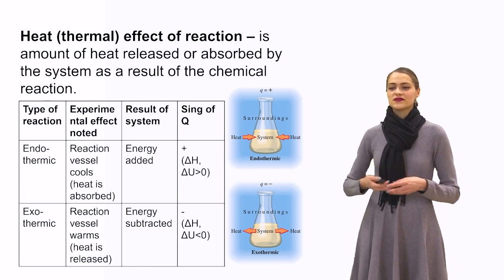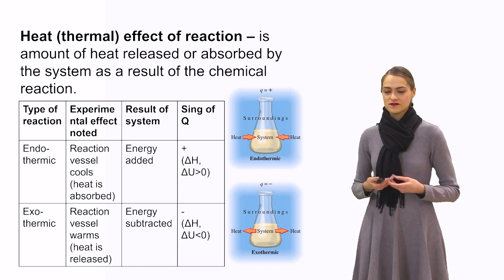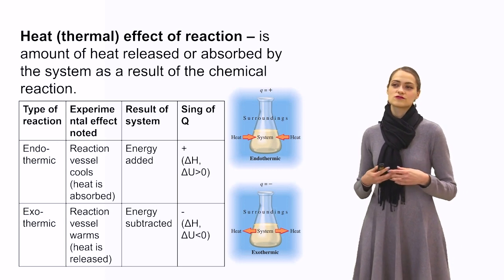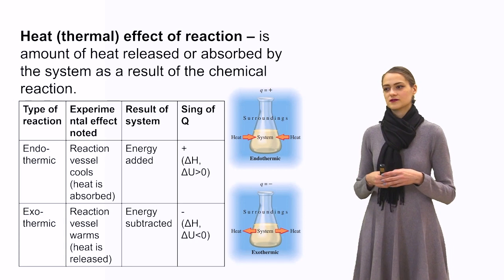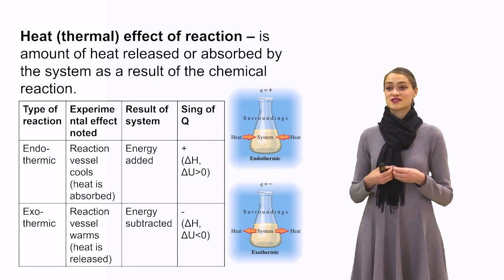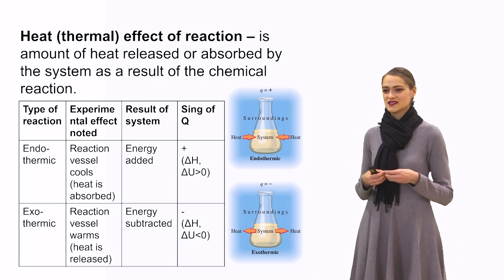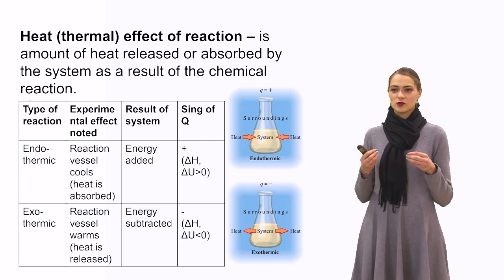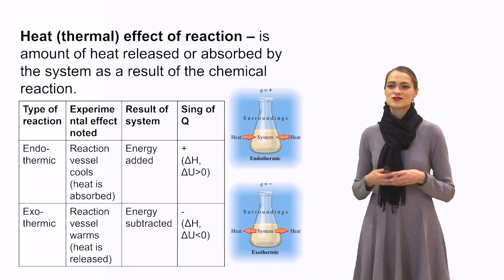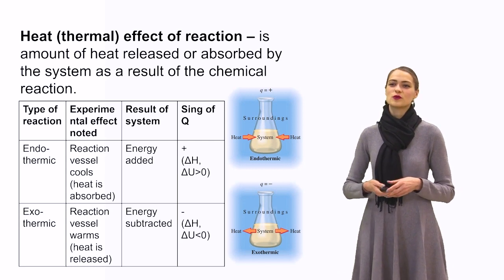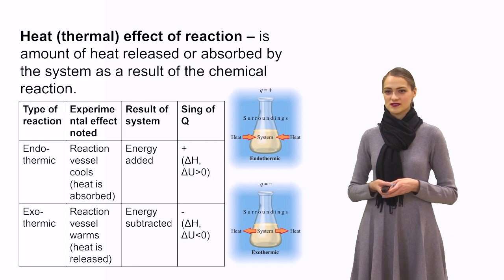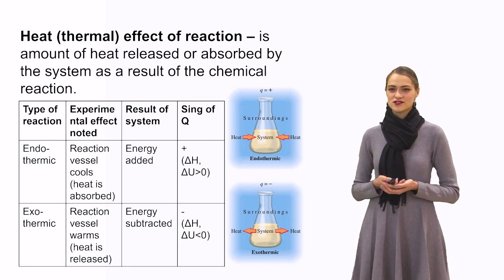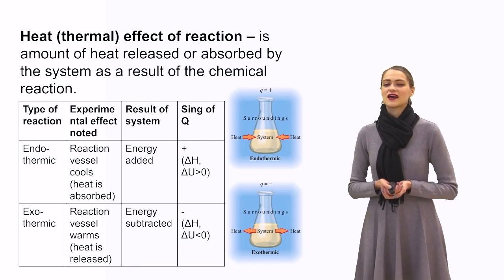Then the system needs energy to start this reaction, because all substances consist of molecules. Molecules in turn consist of atoms, and between them we have bonds. And to start this reaction, we need to put in energy to break bonds. So in this situation, you see an endothermic reaction.